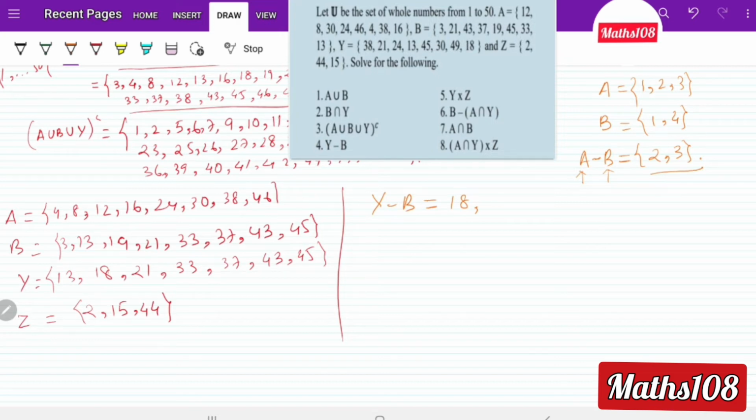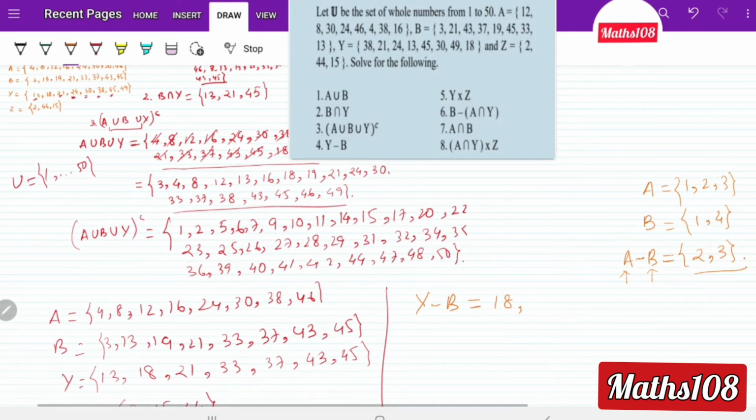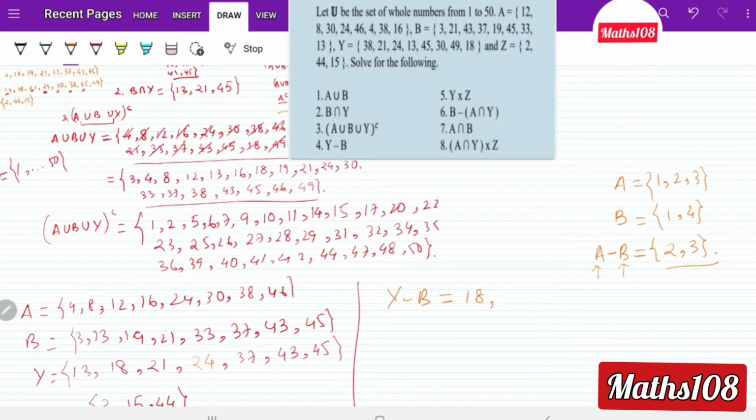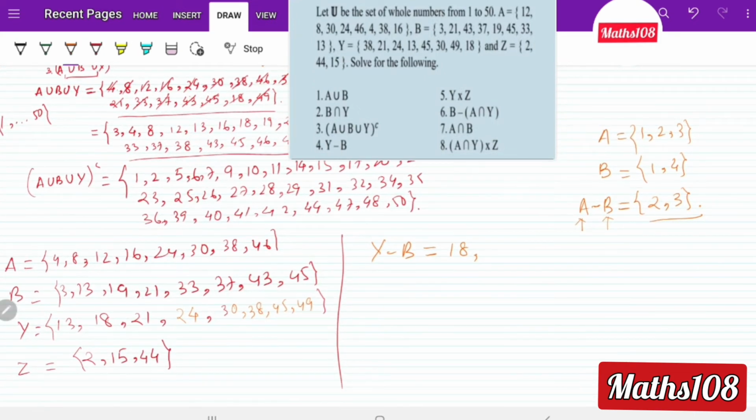Why is there a 33 over here? Sorry, this is very wrong. This should be 24. This should be 30. This should be 38. This should be 30, 44, 45, and 49. Very sorry about that. So we don't need to write 21, right?